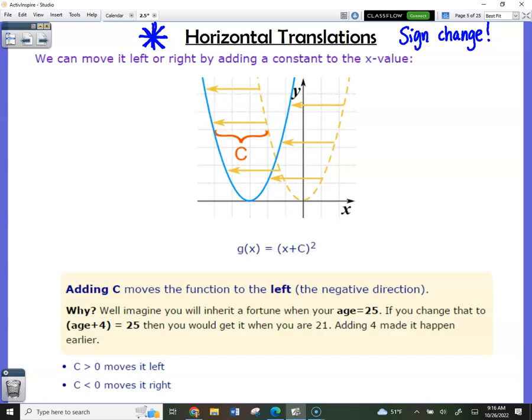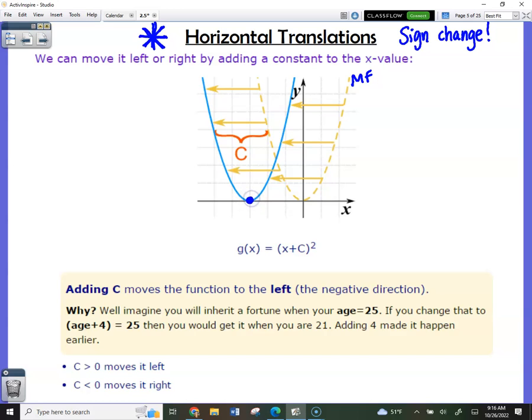All right, let's refresh. Looking at this right here, it says you have a function g of x. Look at the difference. No longer x squared plus c. Now it's x plus c in the parentheses, and then it's raised to the second power. So this yellow here is the mother function, and the blue is showing that it shifted in what direction? It went left. Now count the anchor point. I call it the anchor point. The origin point now went left how many?